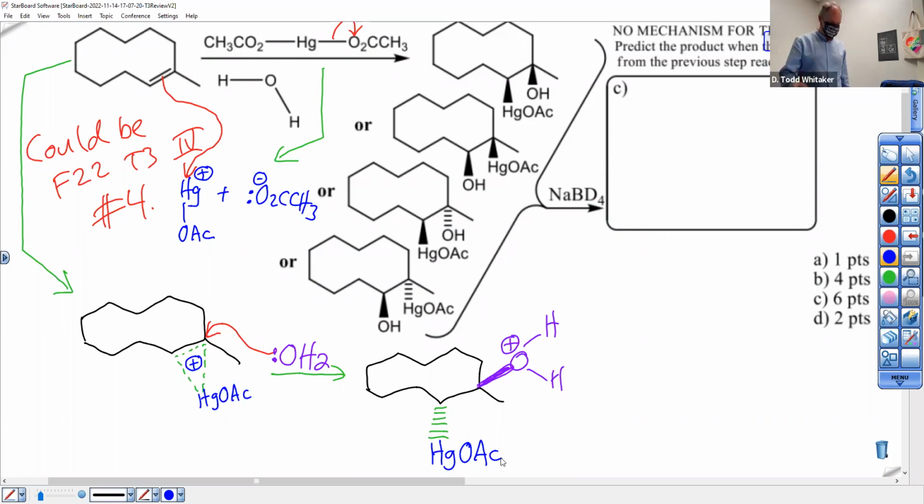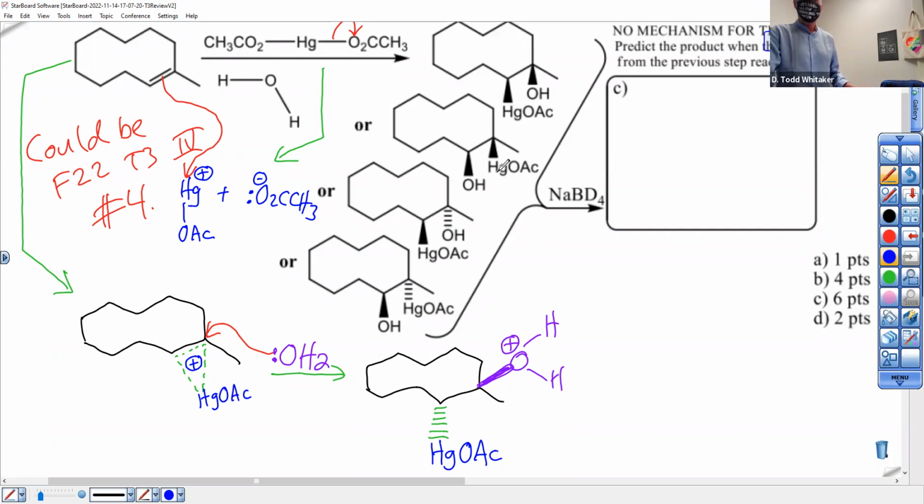Yes. And this looks a lot like the third product, but I did the enantiomer of the third product. If you do this on a test, please don't redraw your molecule to make this the dash and this the wedge. Just make sure you pick the one that has the OH on the more substituted carbon on the opposite side of the ring as the mercury. So using those words, this one has it on the same side. Wrong. This one has it on the same side and the OH is on the wrong position.